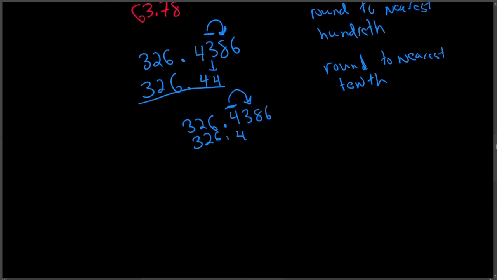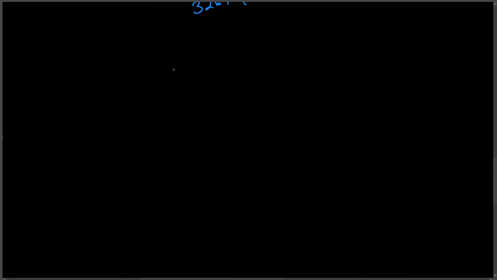Now this happens with money. Banks do this all the time. We can round to the nearest cent. So if I have some calculation where I'm calculating the percentage of money, well, the smallest unit of money we have is a cent, which is 1/100th of a dollar. And so this would be 1 cent or 1/100th of a dollar.